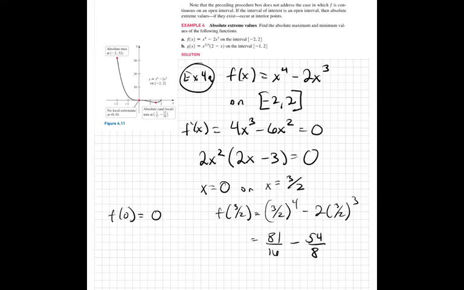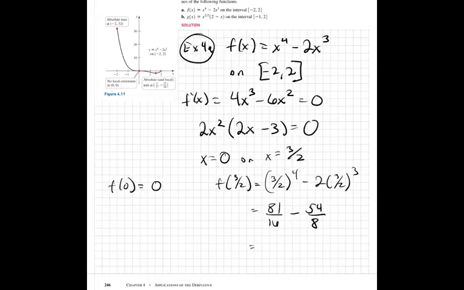Multiplying top and bottom by 2 gives 108 over 16. So 81 minus 108 is negative 27, so we get negative 27 over 16.